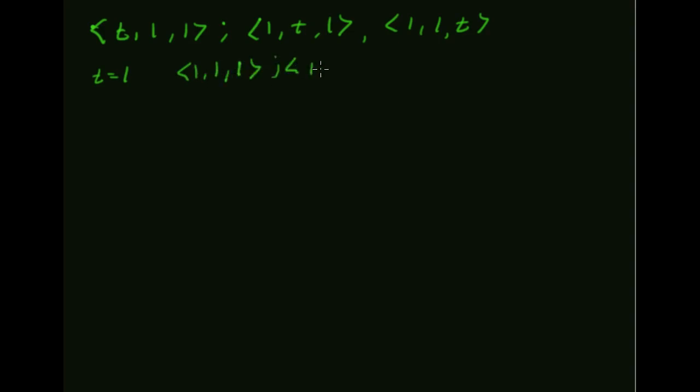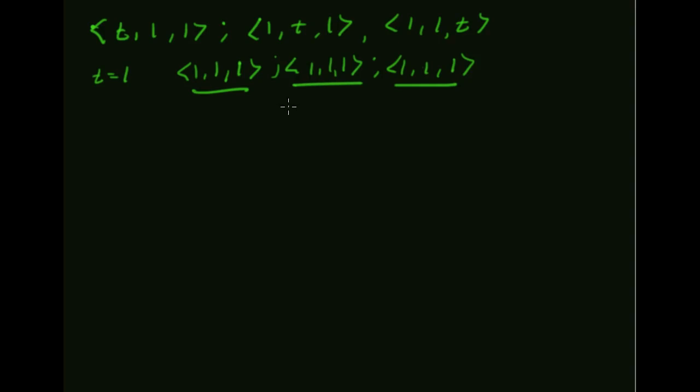It gives me these 3 vectors: T, 1, 1; 1, T, 1; and 1, 1, T. Now, it's really clear that if I let T equal 1, I'm going to get 1, 1, 1 for all of them, which under no circumstances is linearly independent.